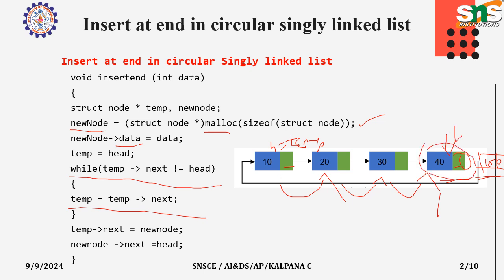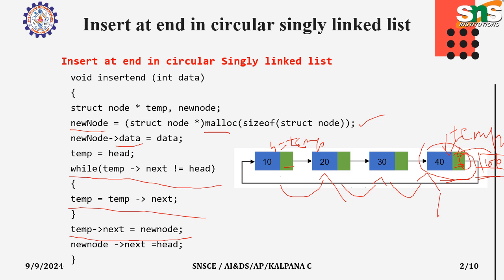My temp pointer will be here, and then the loop statement will not be executed and it will execute only the next statement. Temp of next is equal to new node. I am going to connect this new node here, storing the new node's address in the next field of 40.